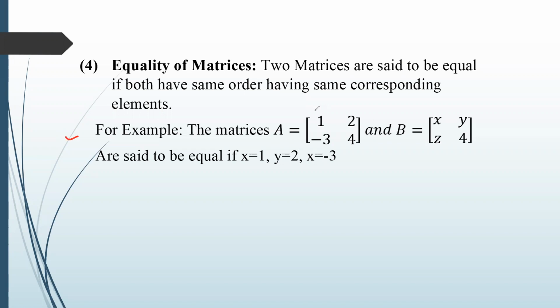So we say these two matrices will be equal if corresponding elements are equal. So here the first element is 1, so it will also be 1. So it means these two matrices are equal if x equal to 1, y equal to 2 and z equal to minus 3. So is that clear? Okay.